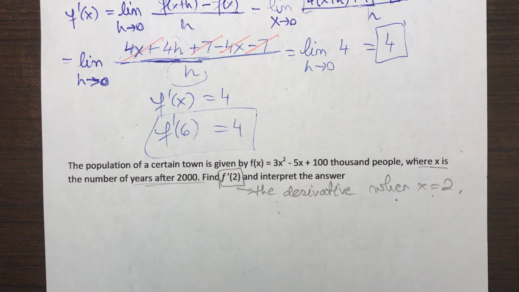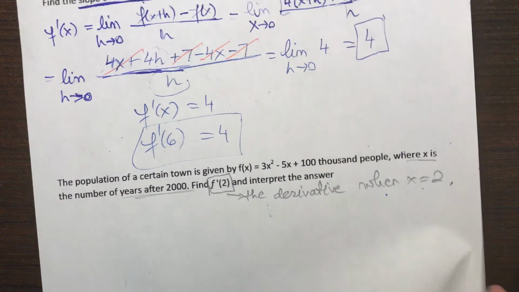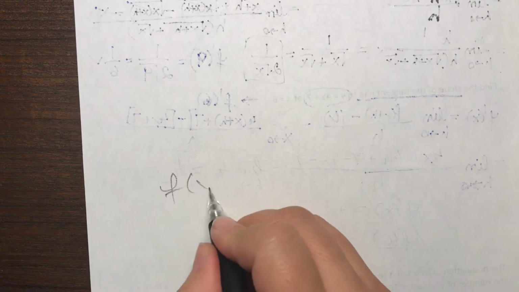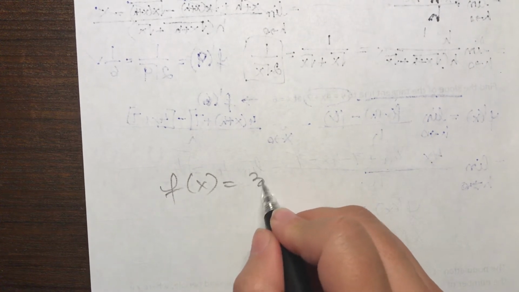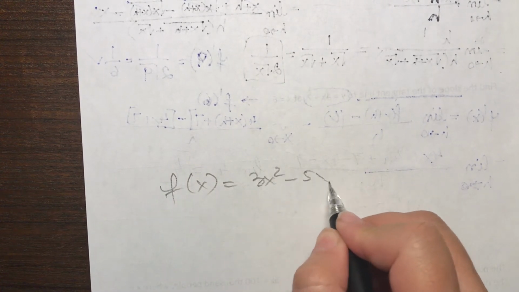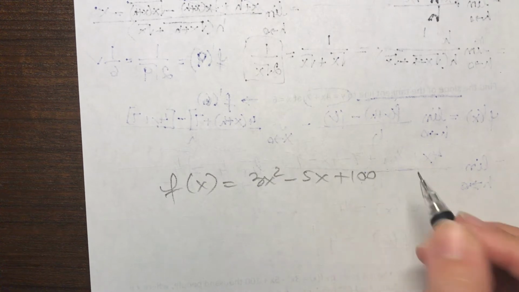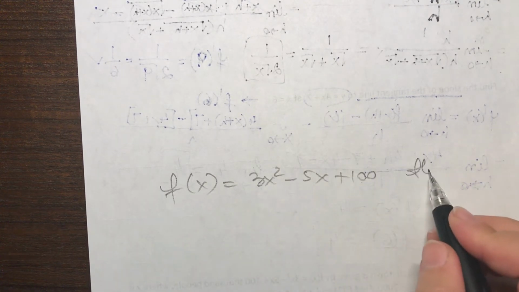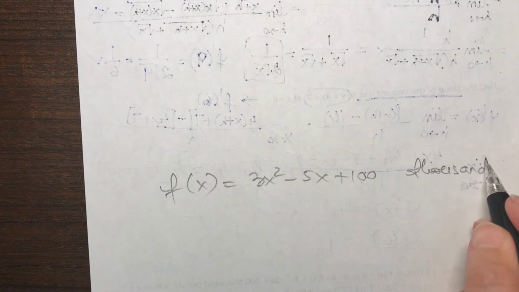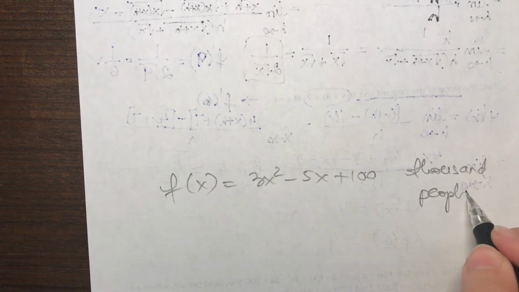Could you tell me what's the population of this town in 2000? I'm just going to write on the back page here really quick, just on a side note. Okay, 1,000 people. Great.